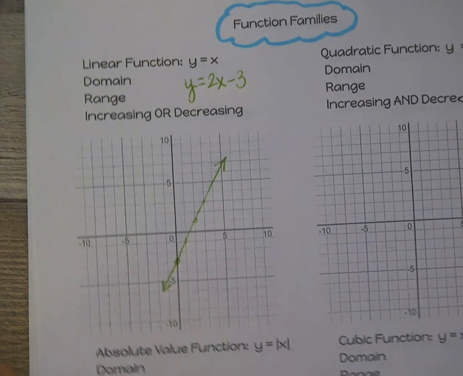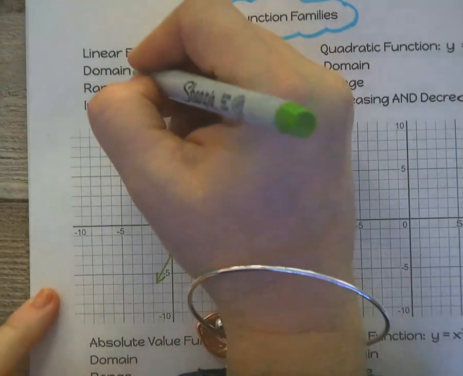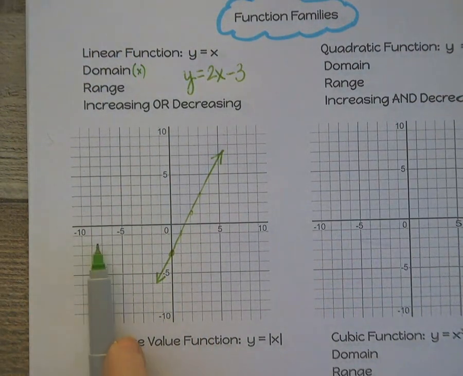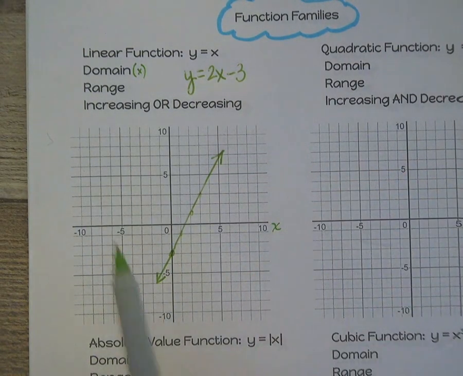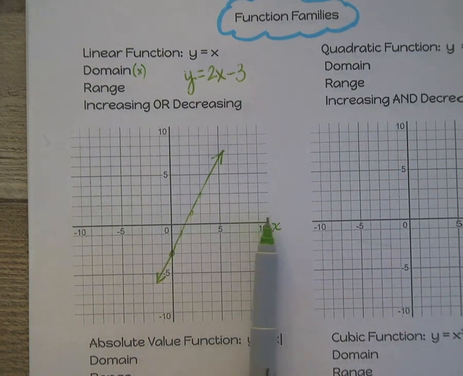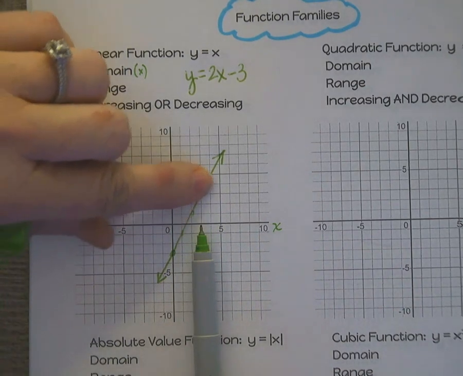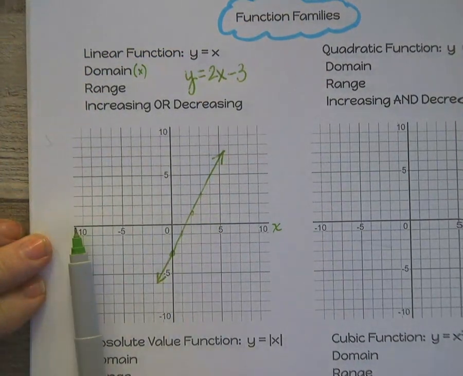But now we want to talk in general. What is the domain of linear functions? Remember, the domain are the x values. You imagine moving across the x-axis. When we move across this x-axis, do you agree that this line is forever going to spread to the right and forever spread to the left?